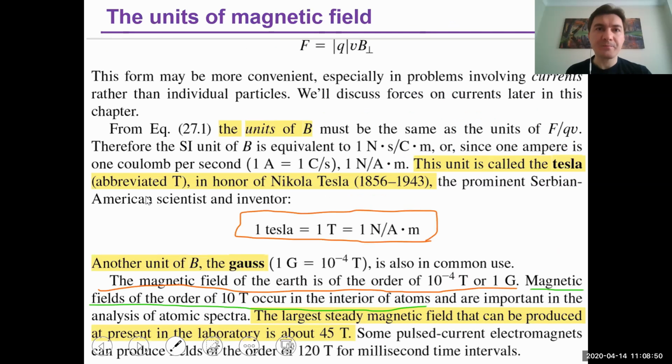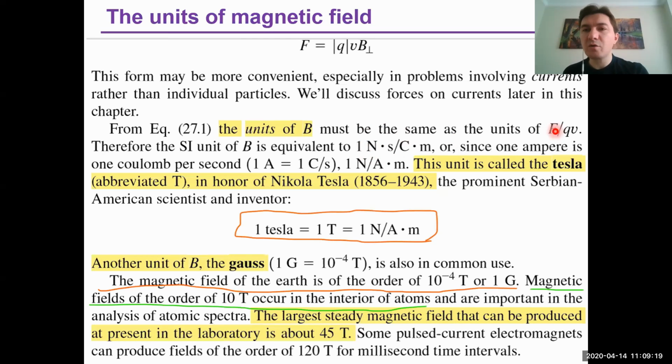Let me continue. So the units of magnetic field, let's talk about this. Here you see force, here you see Q, here you see velocity, and here you see magnetic field. And I would like to calculate the unit of the magnetic field. So if you take B from that equation, you will get that expression, F over Q times V, right? So what was the unit of F in SI?